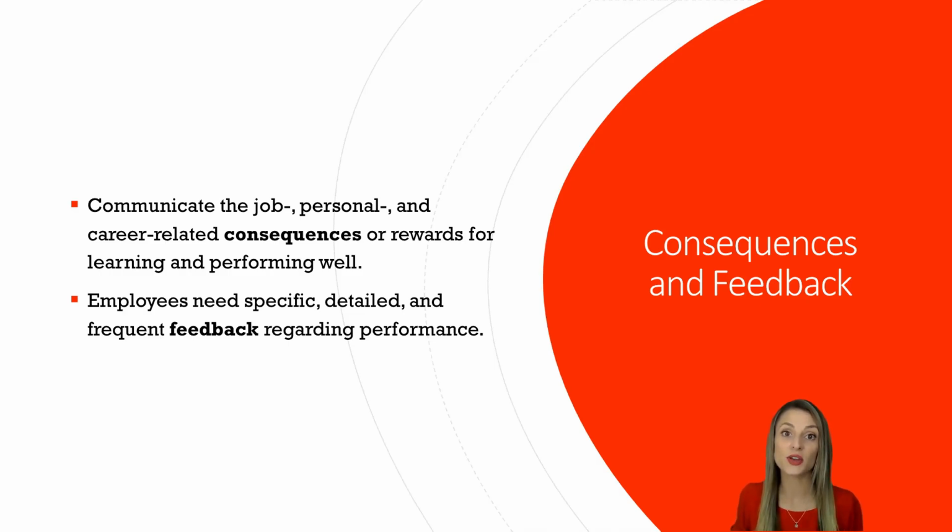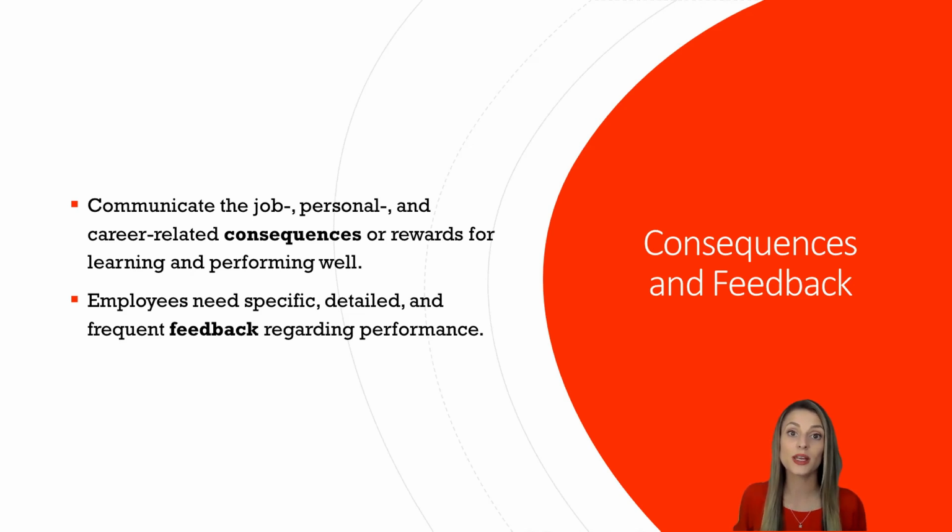Finally, we assess consequences and feedback. Consequences refer to the types of rewards that employees receive for performing well. If employees don't believe rewards are adequate, their motivation may suffer. Plus, the norms of the organization may actually encourage people to not perform their jobs.